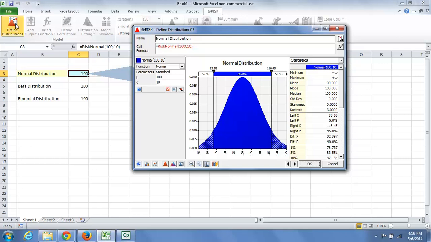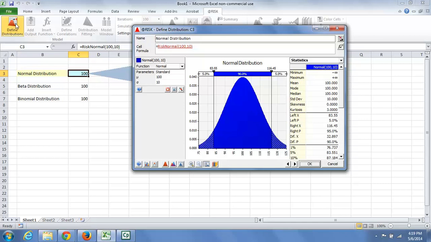A normal distribution spans from negative infinity to plus infinity. You can use the normal distribution to approximate many other distributions, but you have to take care that you're not going to get nonsensical numbers. For example, we have here a variable with a mean of 100 and a standard deviation of 10.